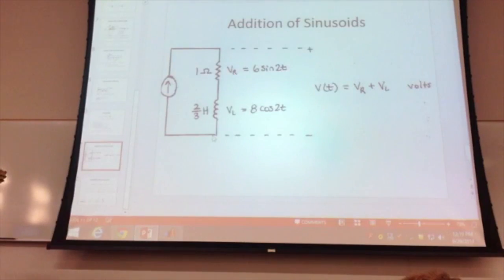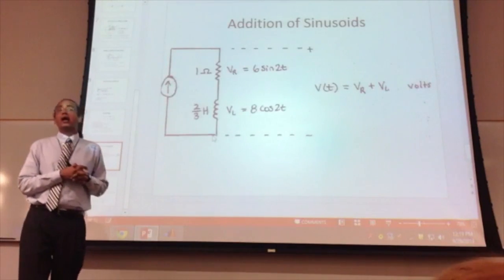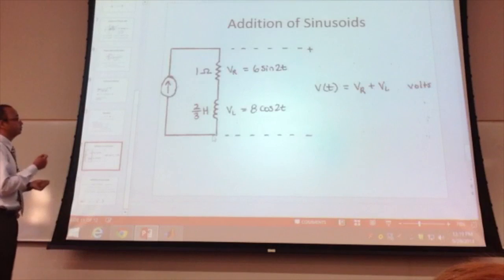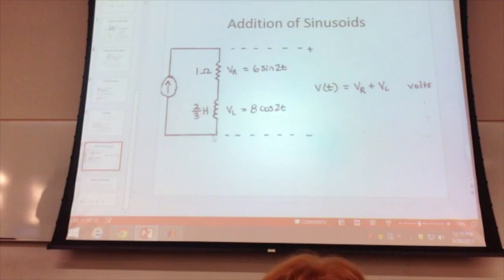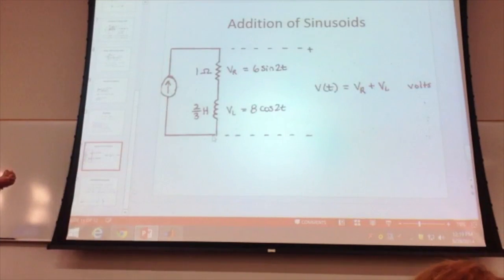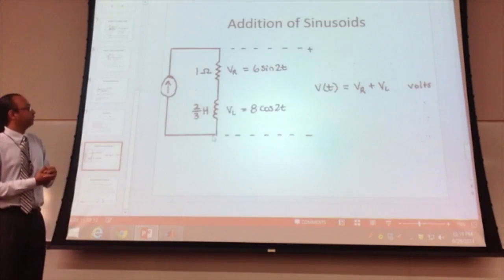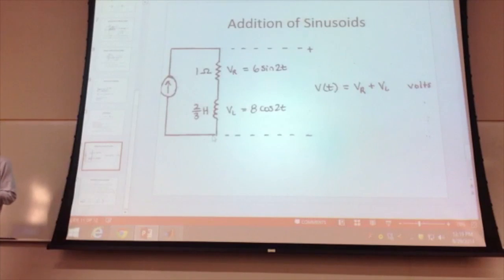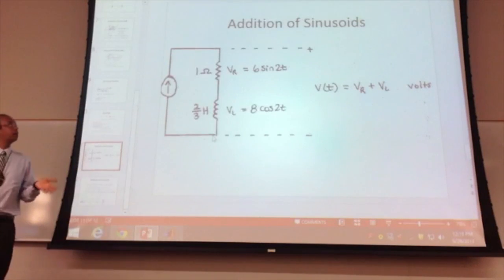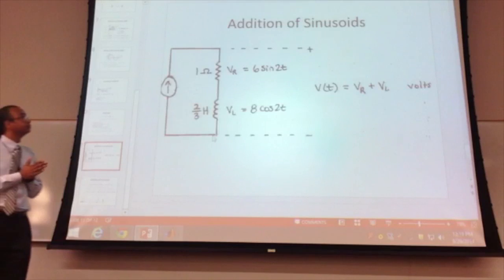All right, so here we're going to talk about how to add 2 sinusoidal functions. We have the first function, 6 sine 2t, and another function, 8 cosine 2t. Now we're going to add these 2 sinusoids.